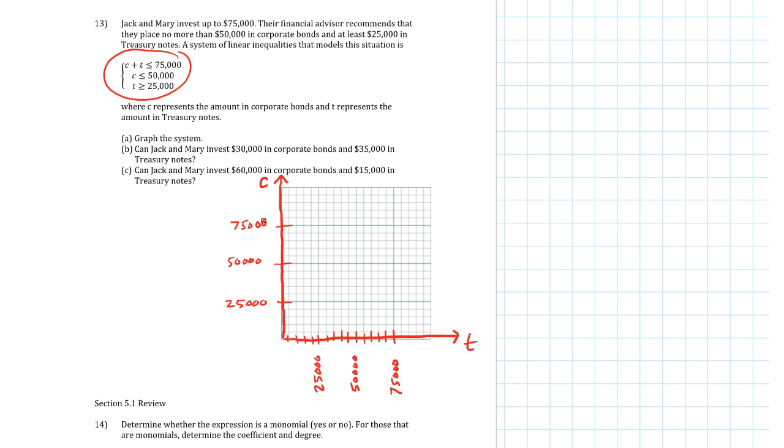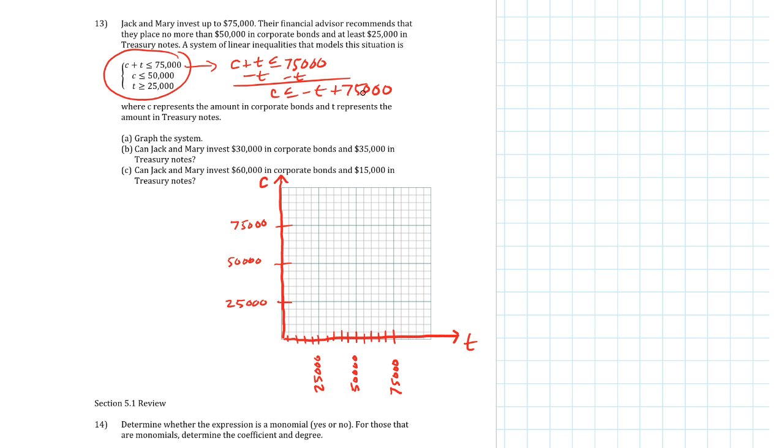Okay? So if I start with C plus T is less than or equal to 75,000, C is our Y value. So I'm going to subtract T, and then I'm going to get C is less than or equal to negative T plus 75,000.